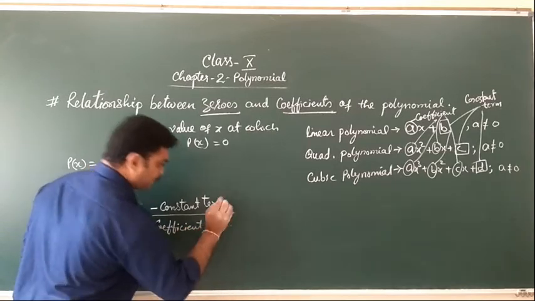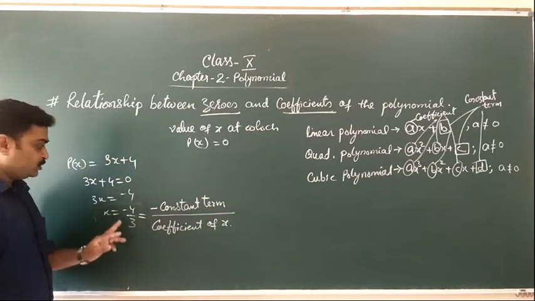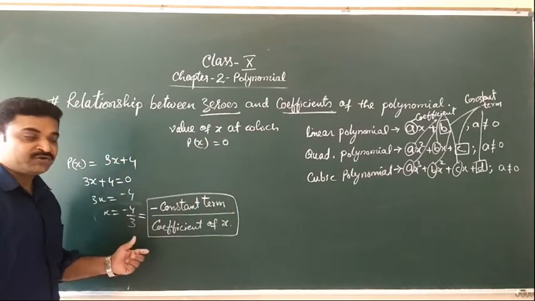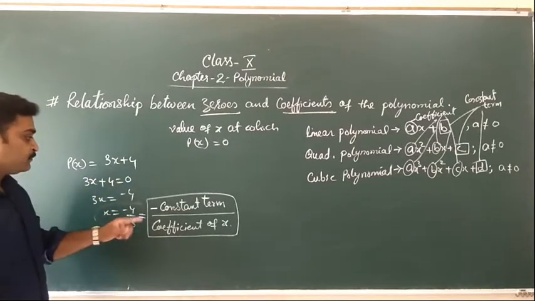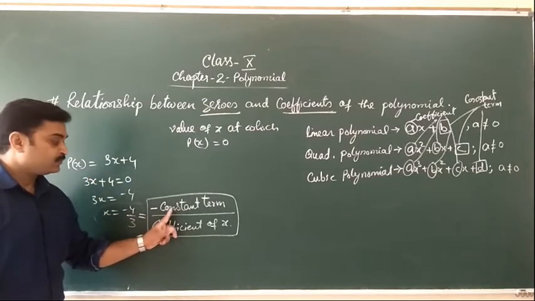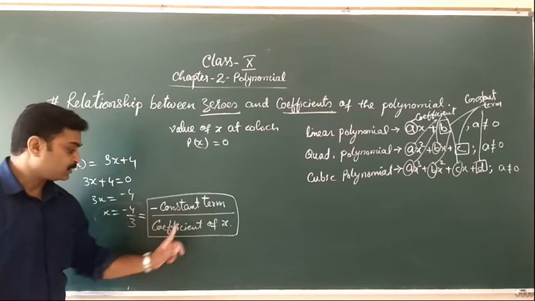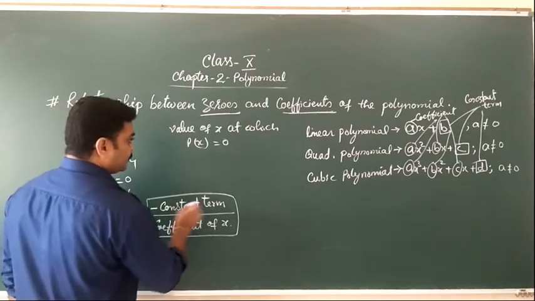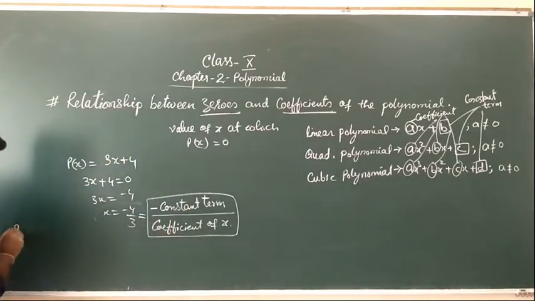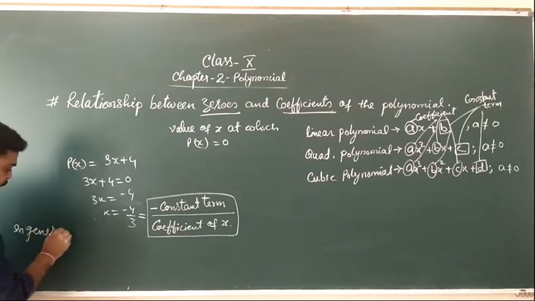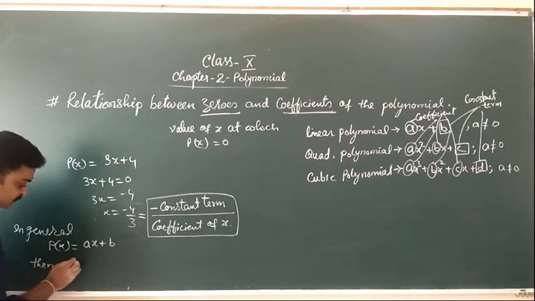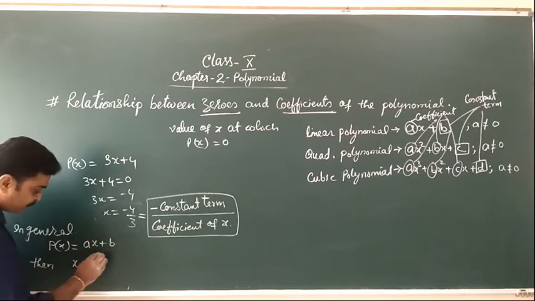Got it? So what is the relation between zero and coefficient in a linear polynomial? That is minus of constant term upon coefficient of x. You can write this in another way. In general, suppose p(x) is equal to ax plus b, then the zero of the polynomial is x equal to minus b upon a.